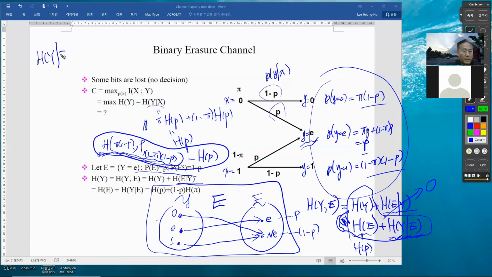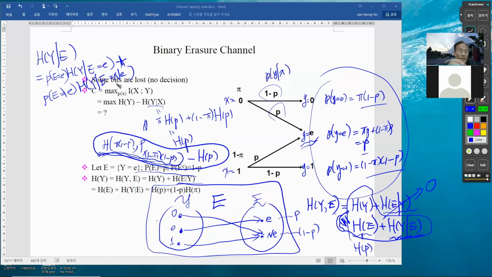H(Y|E=e) multiplied by the probability that E is equal to e, take the product and add it with the other case, when E is not equal to e, H(Y|E not equal to e).